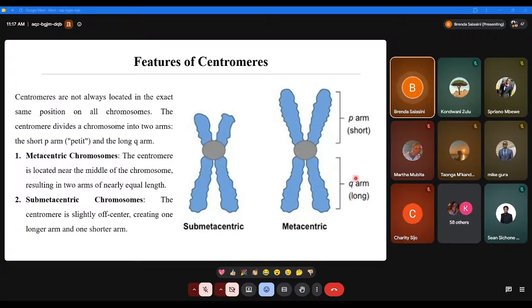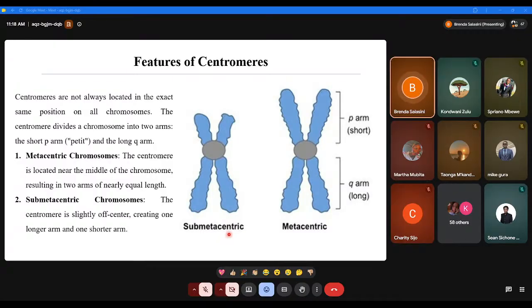Now, what is the reference point here? We're trying to refer to where the centromere is. So based on where the centromere is, that is to say the distance left on the P arm or the Q arm, you can divide chromosomes into about 4 different types. So sometimes the chromosome can be referred to as subcentric.